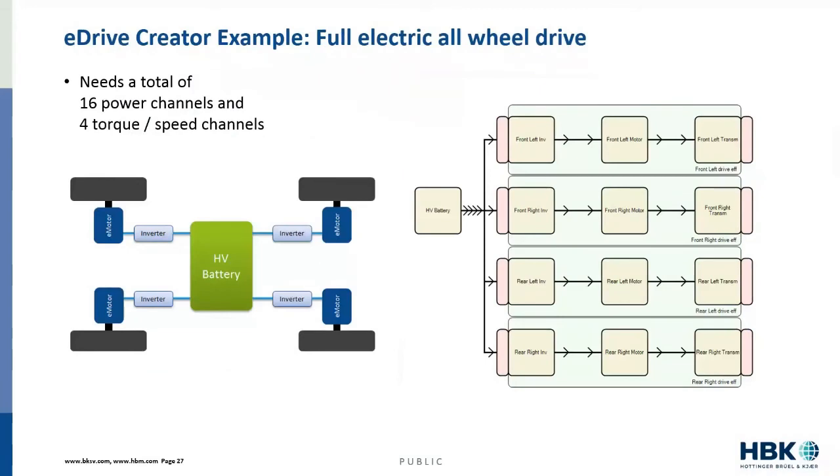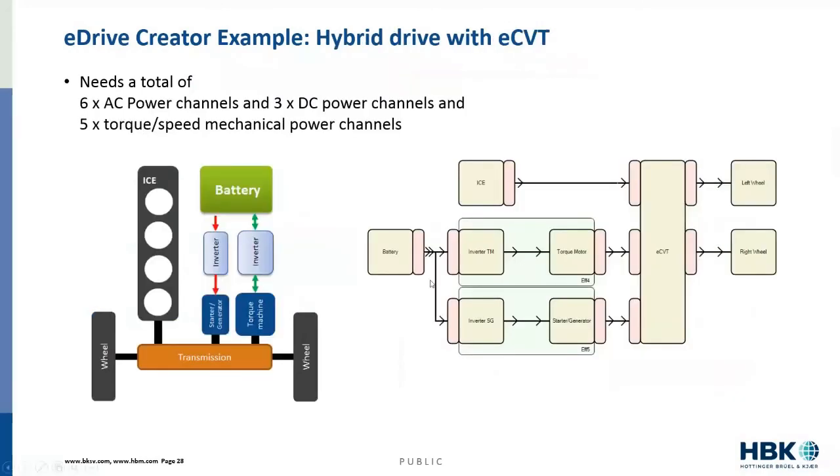For a full electric, all-wheel drive, you're going to have your battery and then basically 4 individual arms that all look basically the same. But the difference here is the user doesn't have to create the formulas manually. They're going to be done automatically with the eDrive creator. And finally, your hybrid drive with eCVT could look something like this.